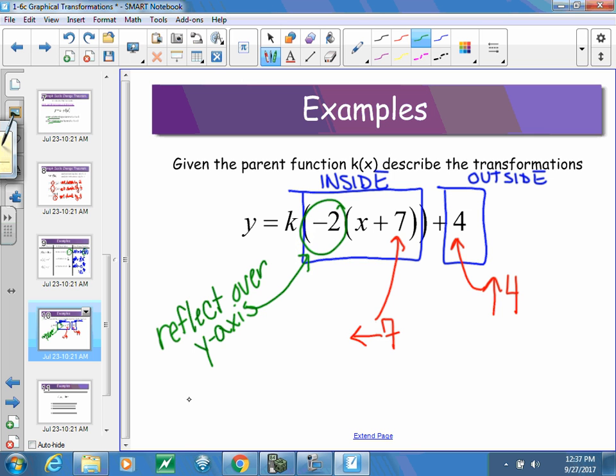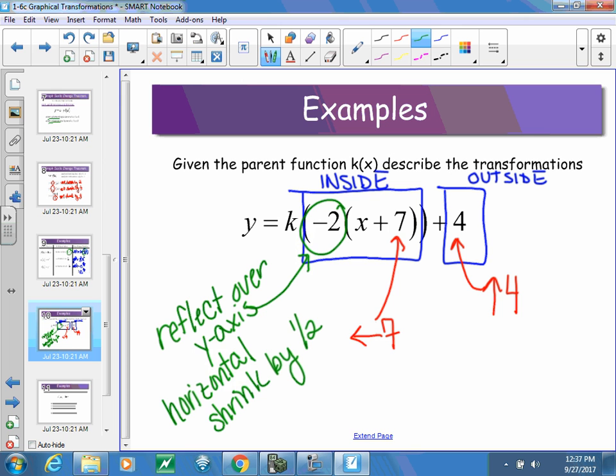And then the 2 right there, since that is inside, is telling us that we have a horizontal, and this is not going to be a stretch, it's going to be a horizontal shrink, and we'll be looking at by a factor of 1/2. So we have multiple things going on here. So now as you start to practice some of these combined information, make sure that you're jotting down any notes and let me know if you have any questions.